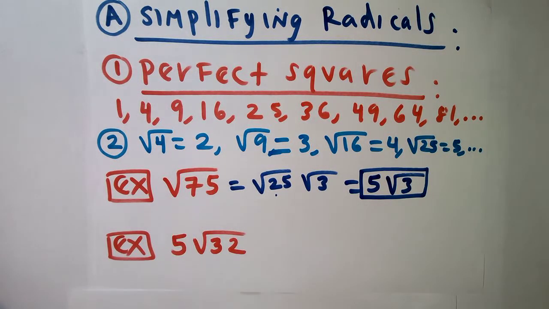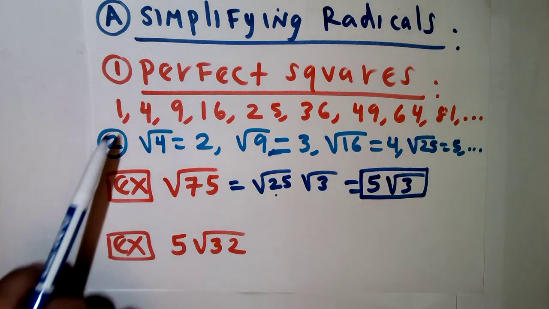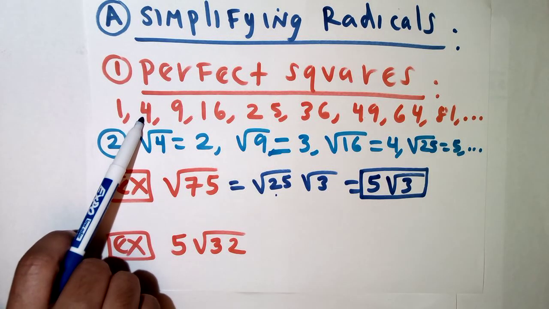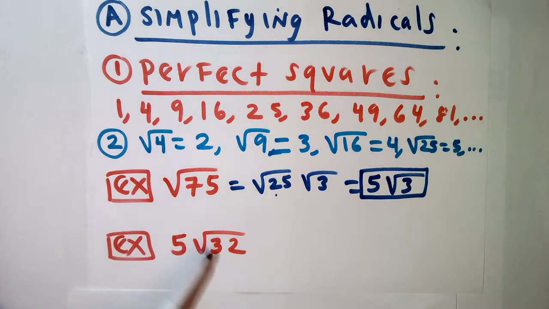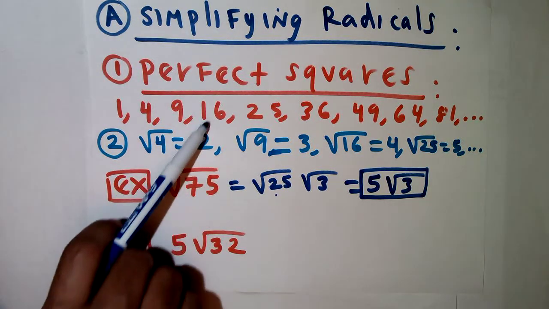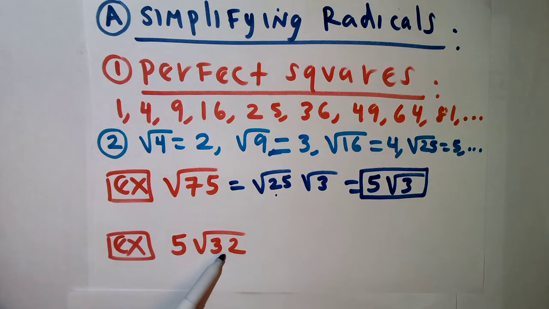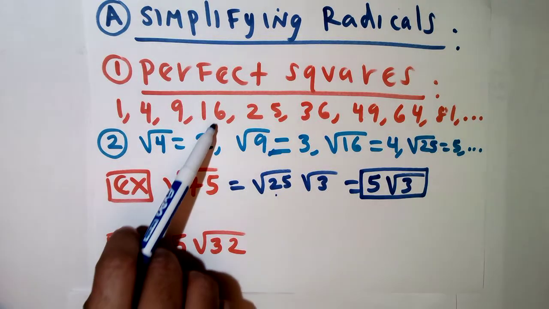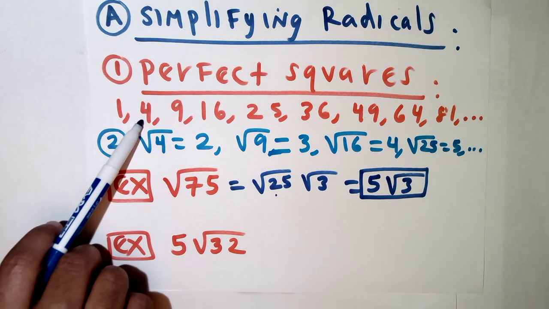I'm going to show you what happens if you don't choose the highest number from the beginning. So for example, 32: 4 is obviously a factor of 32, so it's good. 9 is not. 16 is also a factor of 32. But let's say that you never saw the 16 and you're going to use the 4.